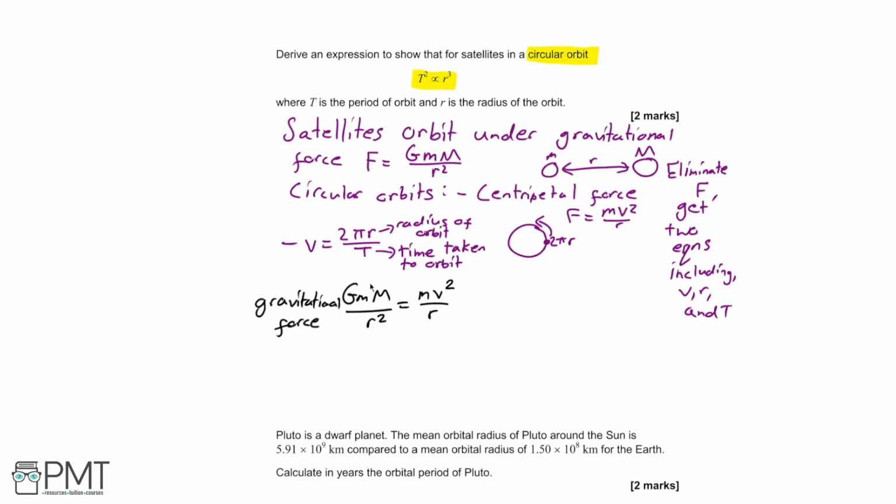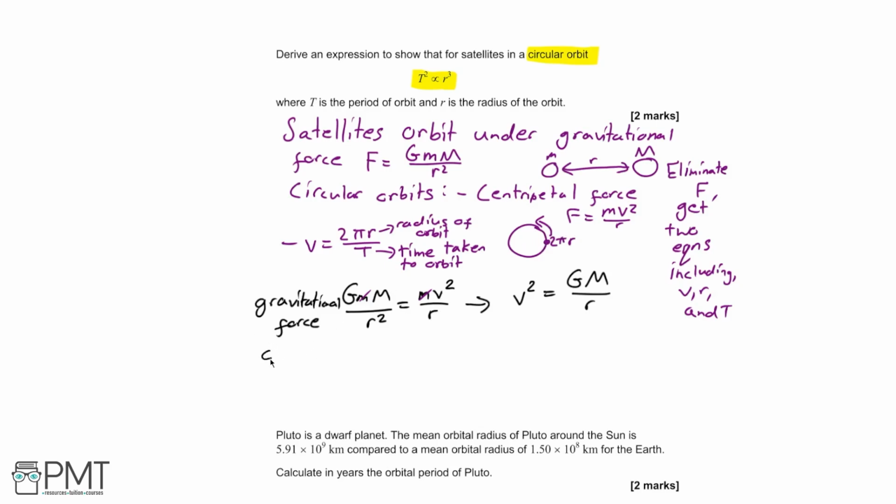So in this case, we can tidy it up, the m's cancel, and we're left with v squared is equal to GM divided by r, like so. So all I've done is I've multiplied both sides by r, and I've divided both sides by little m.